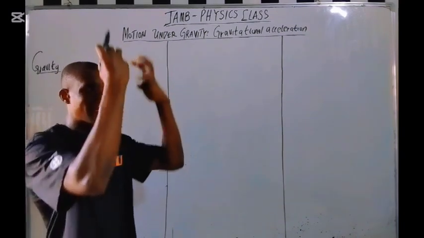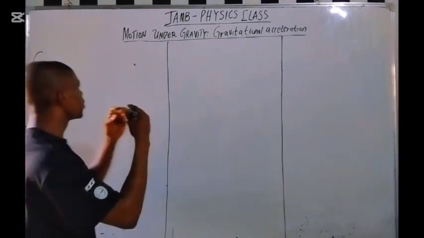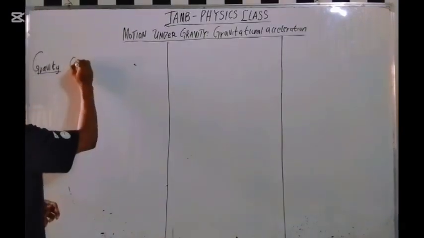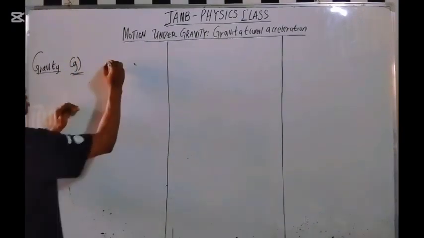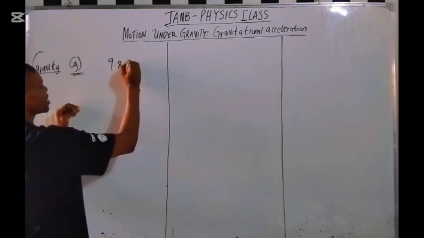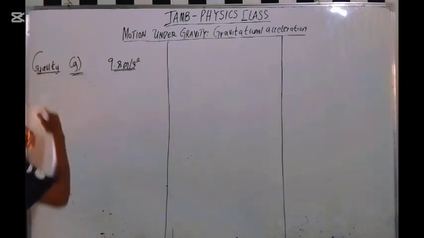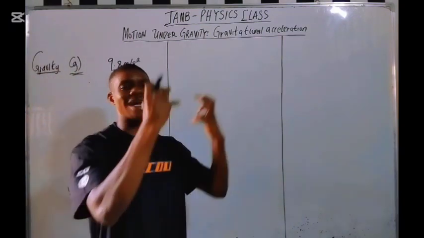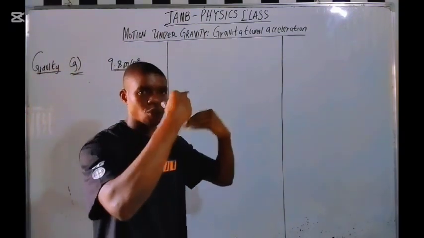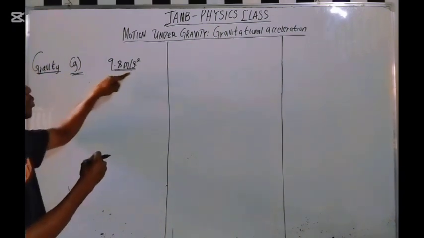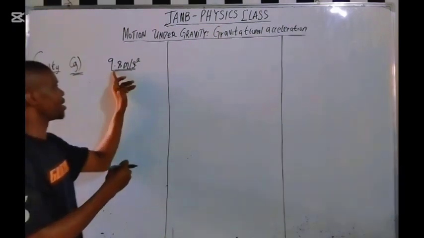And that constant acceleration is called gravitational acceleration, which is G. So it's a constant which is 9.8 meters per second squared. So that was the force of gravity. What is responsible for pulling an object towards the center of the earth is called the force of gravity, and it does that by gravitational acceleration, which is called G.